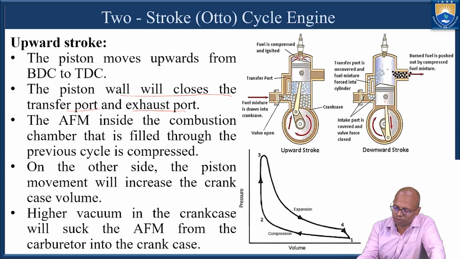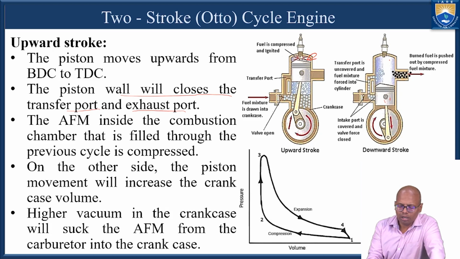As the piston moves from BDC to TDC, it closes the transfer port and the exhaust port, and whatever air fuel mixture was taken inside the cylinder in the downward stroke will get compressed, and at the end of the compression, the spark is produced by this spark plug and the combustion happens.